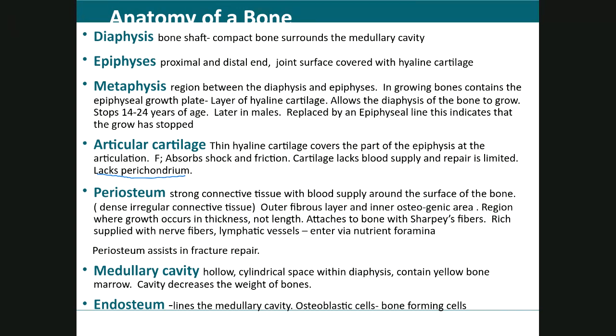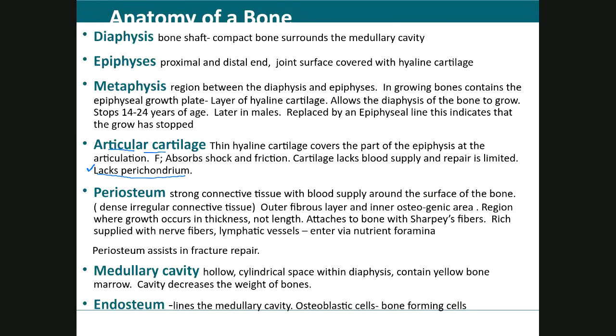Where articular cartilage lacks this perichondrium, when it's injured or damaged, the repair is very limited. But we'll learn in the next chapter when we study joints that the articular cartilage is located in the synovial capsule, and what provides nutrition to the articular cartilage is the synovial fluid.